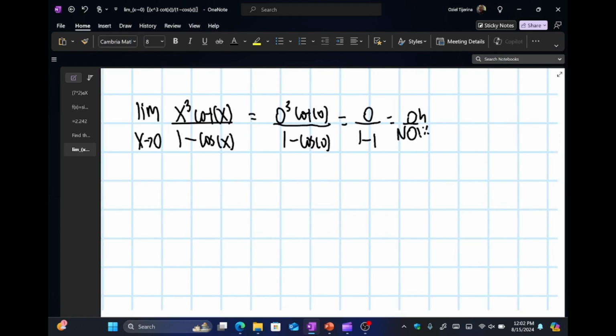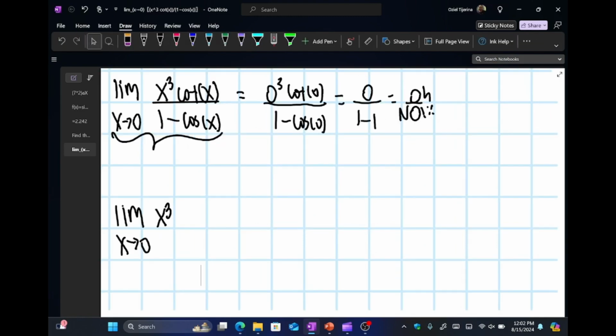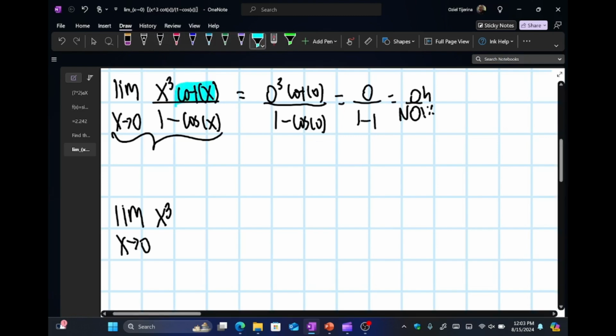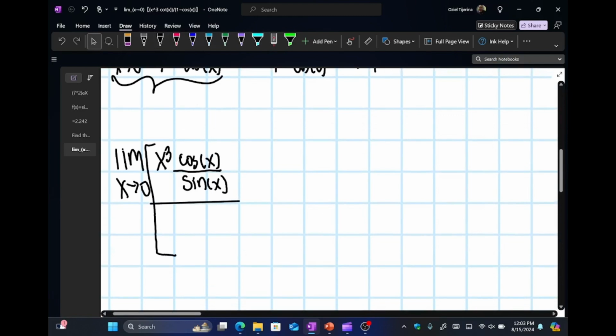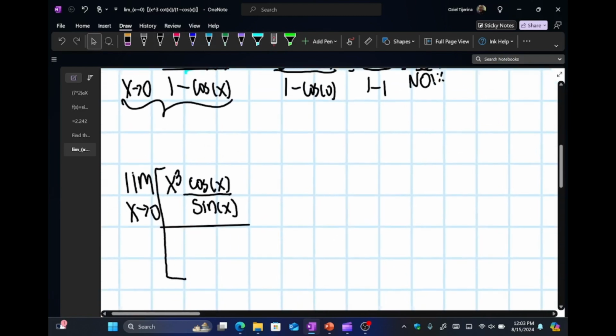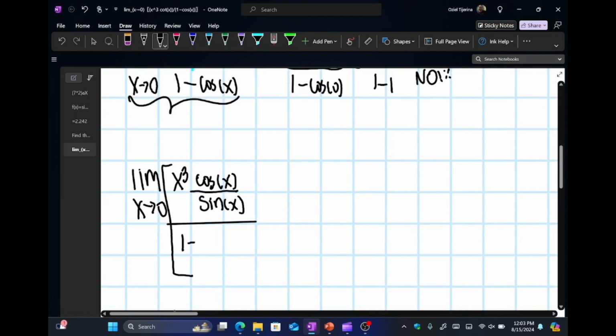One of the things I'm going to do here, guys, is change cotangent to cosine over sine. So we change this to cosine x over sine x, and then divide this entire thing by 1 minus cosine x. By the way, this is the limit of all of this.